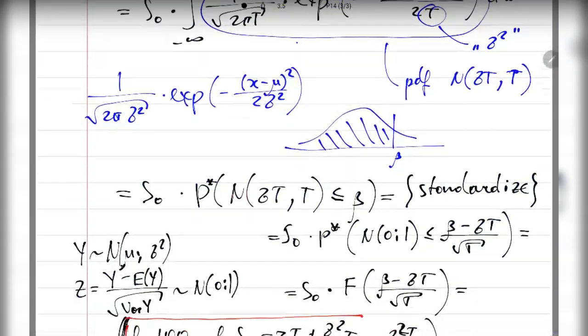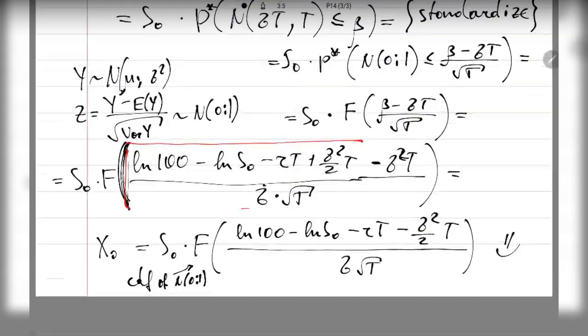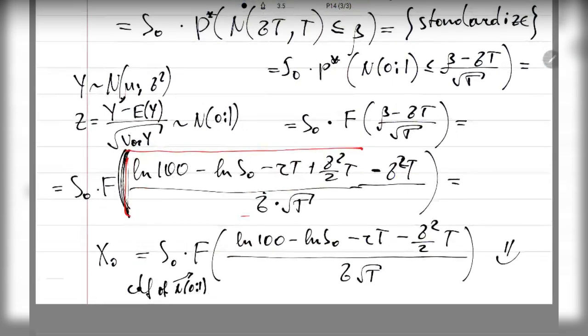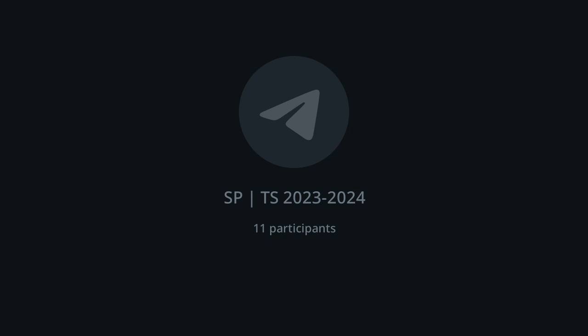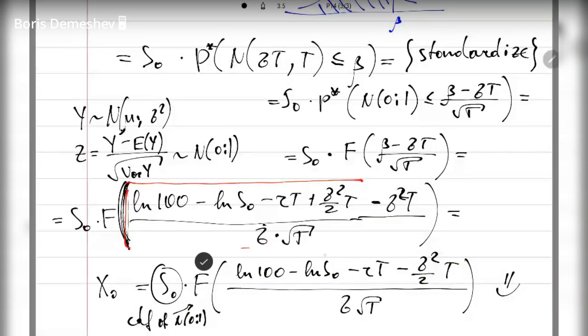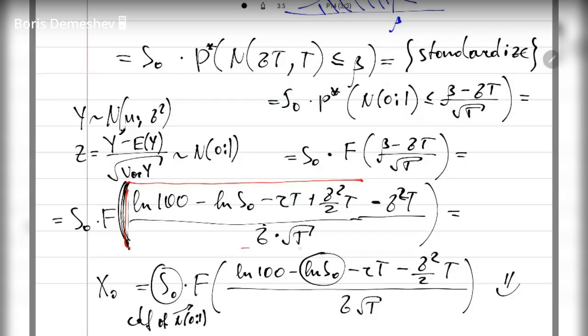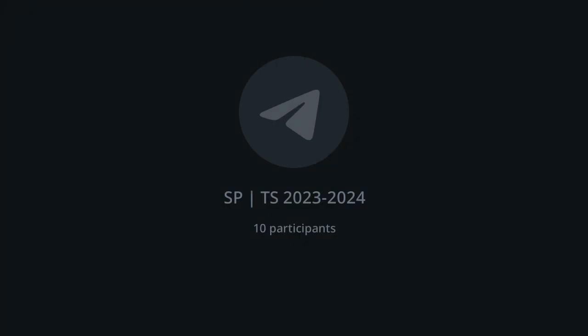Let's imagine that S0 is very high. If S0 is very high, then this value is high. The logarithm of S0 is high, and this value inside the CDF is very negative. It seems at first that we have something high multiplied by something close to 0.